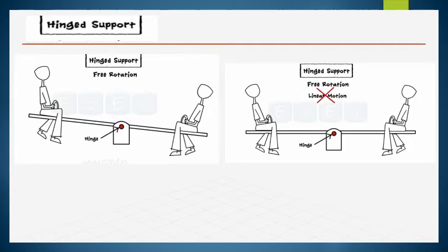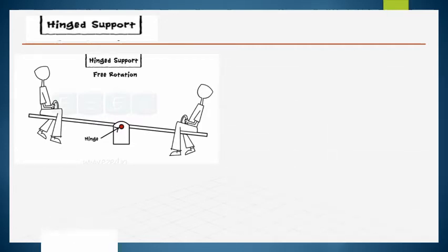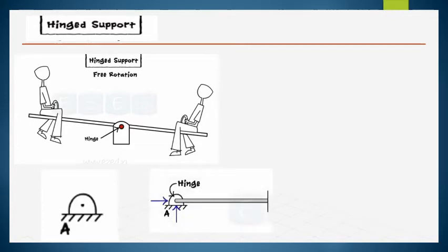Okay, in the hinged support, the only free motion is in the rotational direction, but no translatory motion, no linear motion. How does it restrict the translation? That is by applying reactions in those directions. This is how we represent the hinged support or the pinned support.